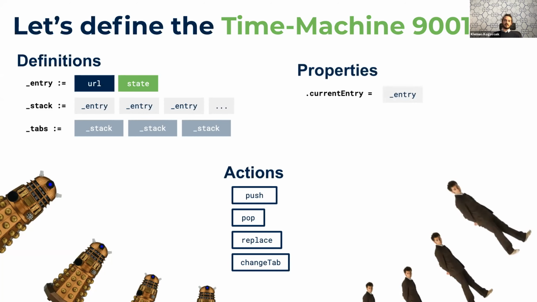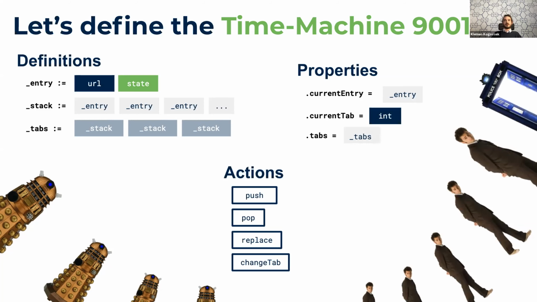First one is current entry that represents where our user is. Second one is the current tab. That's just a number of which of the stacks we are currently looking at. And then tabs is an array of stacks like we've seen before. So the TARDIS and Doctor Who really shows on the inside.